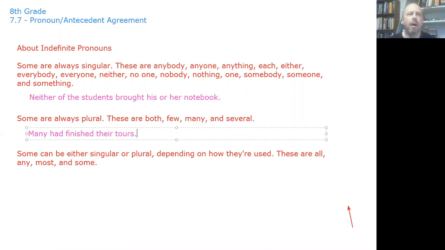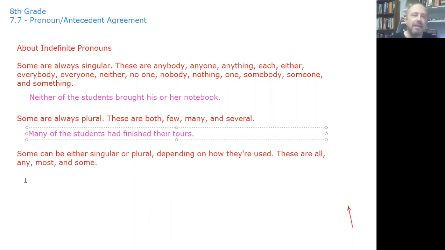Okay. Now, if you think about it this way, if I were to stick a prepositional phrase in here, and I were to say many of the students, it's more obvious that things are plural, right? I couldn't say many of the student had finished their tour. That doesn't even make sense, right? Many of the students, okay?